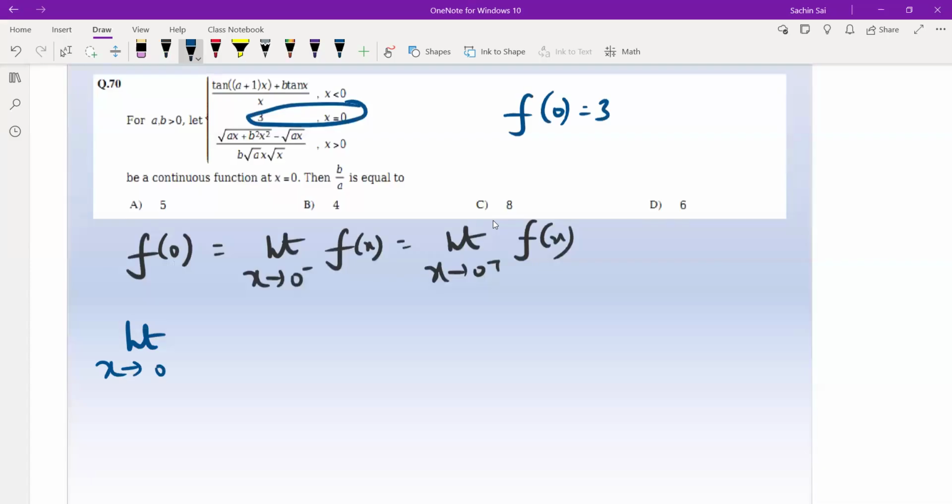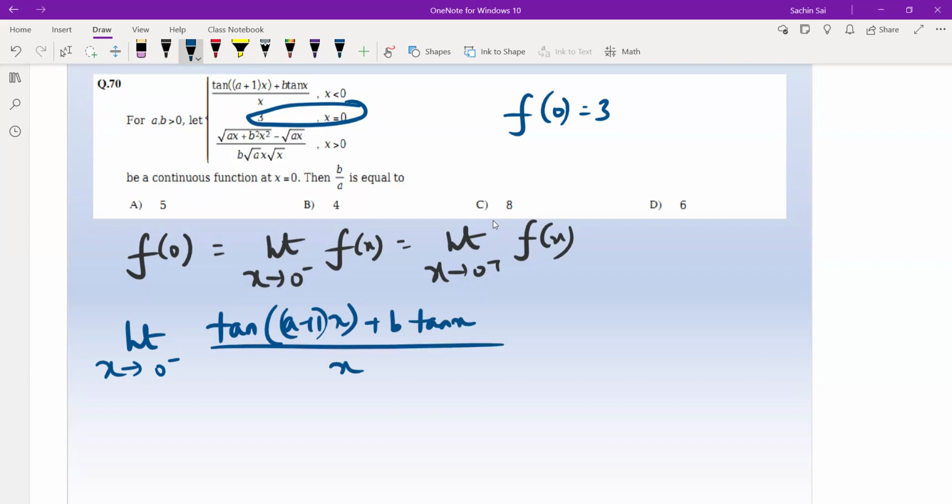So how do you evaluate the left limit? The limit as x tends to 0 minus of f of x. Here you take tan of (a plus 1) x plus b tan x, divided by x. So this is a limit of the form 0 by 0. We can use L'Hopital's rule to simplify this, right?